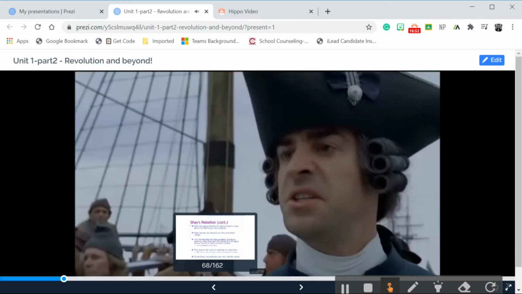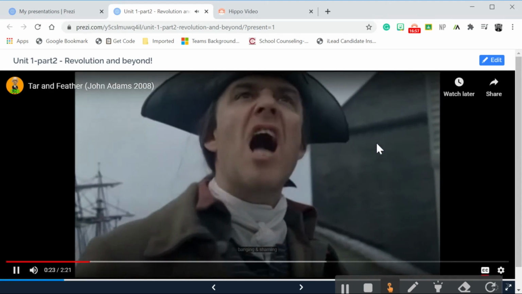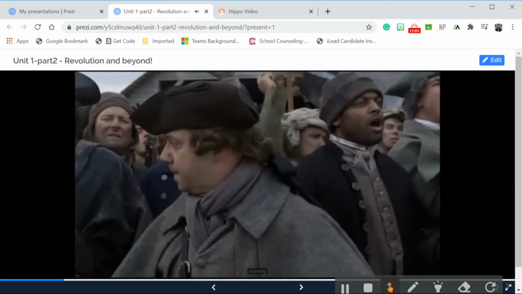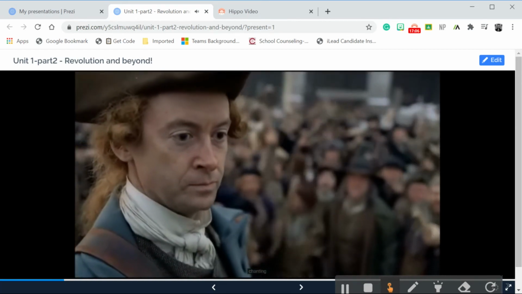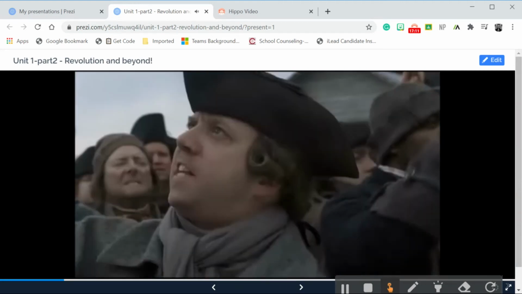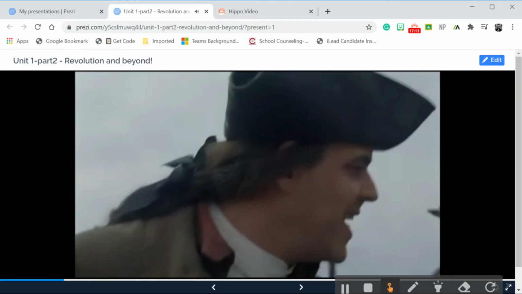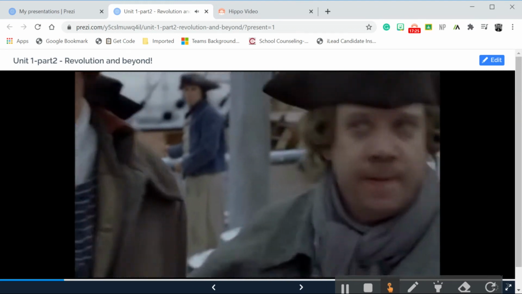You can move ahead if you feel like you need to. This is tar and feathering. This scene is a little graphic if you want to go ahead and skip.